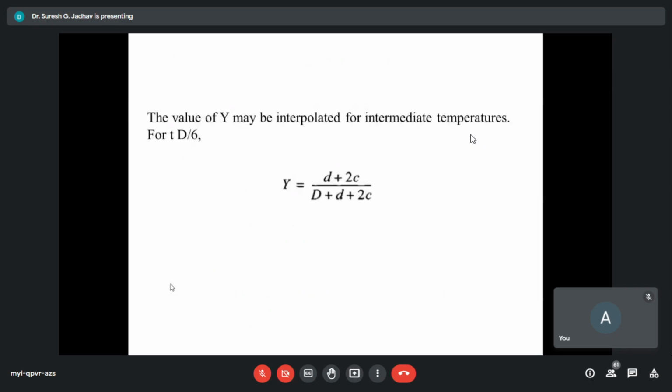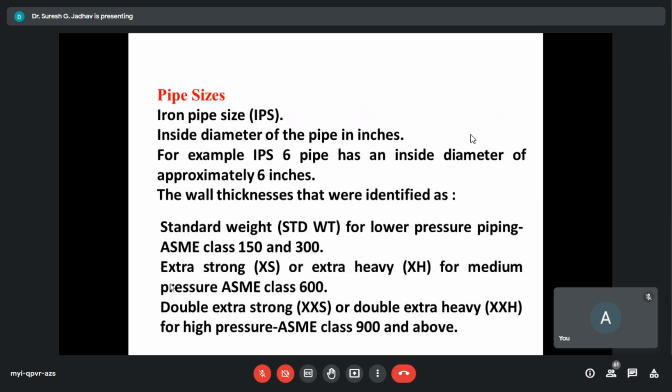Now we'll start with pipe size. Earlier, during the early years of the oil and gas industries in the United States, the dimensional system was known as iron pipe size, that is called IPS. This system was used in oil and gas industries in the United States, and it was called IPS, that is iron pipe size.